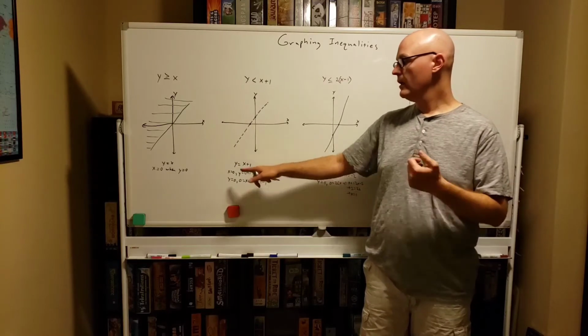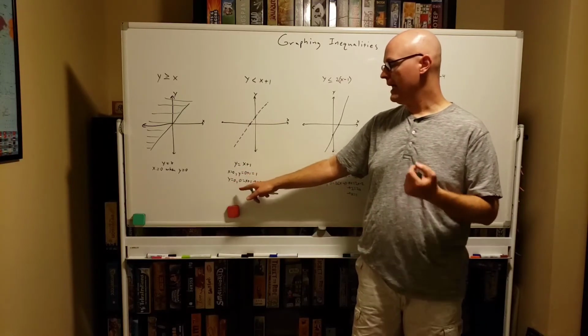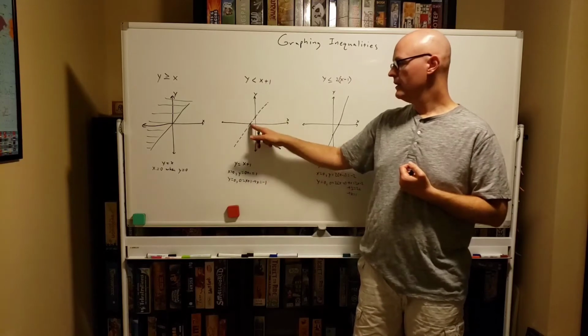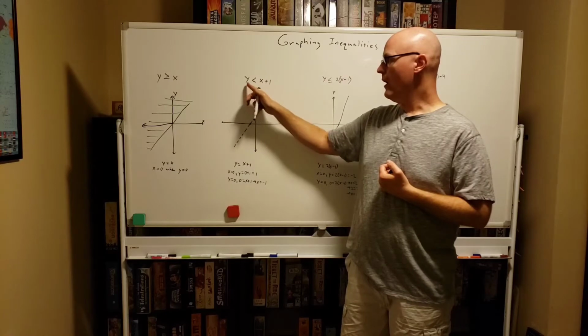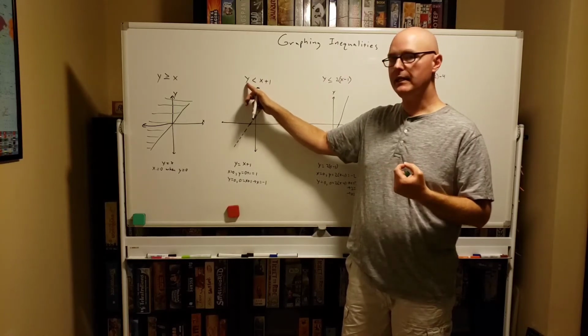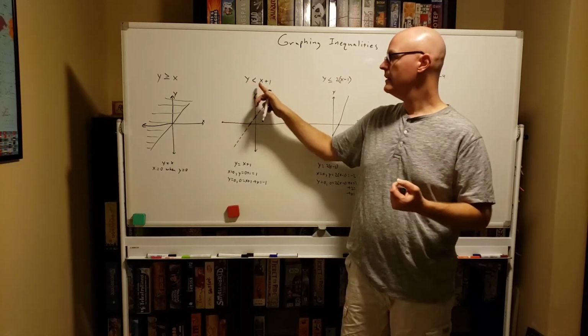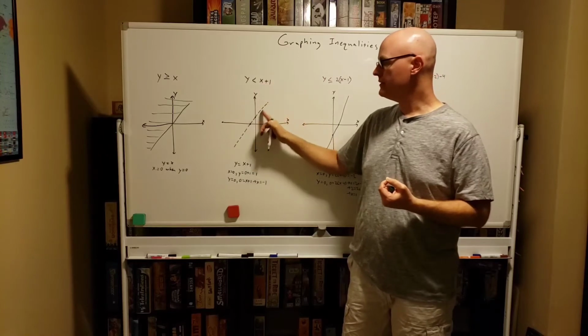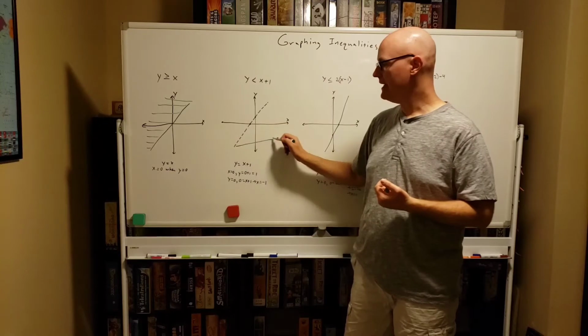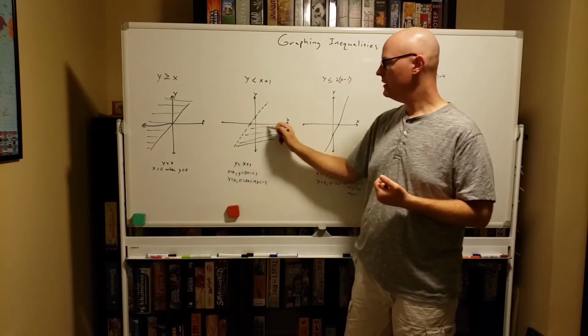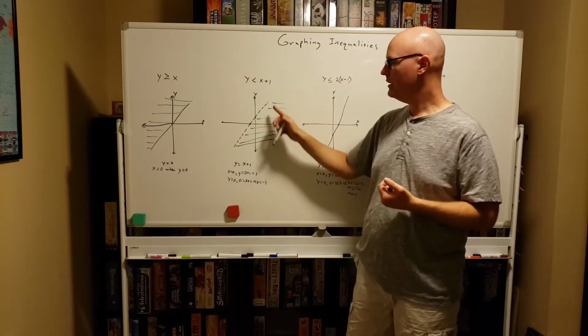Therefore, my x-intercept is negative 1. So now y must be less than x plus 1. This is the line of x plus 1. Therefore, all values must be less than this line.